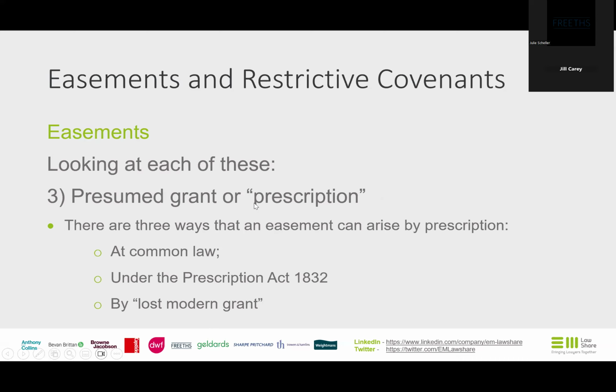Perhaps the most complicated, and you can see to a degree some mental gymnastics going on here on the part of the law, is when an easement arises either by presumed grant or by prescription. There are three ways that this can happen: common law, statute, or by lost modern grant, which is effectively, as you'll see, a polite fiction.